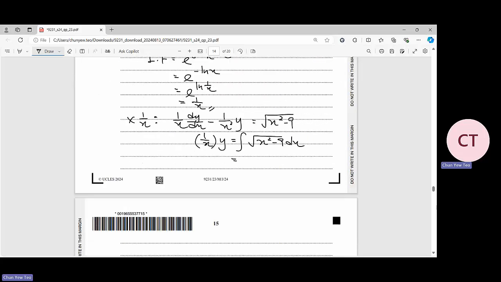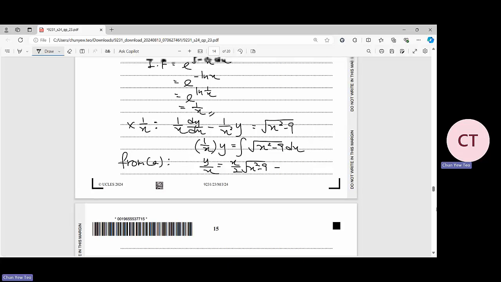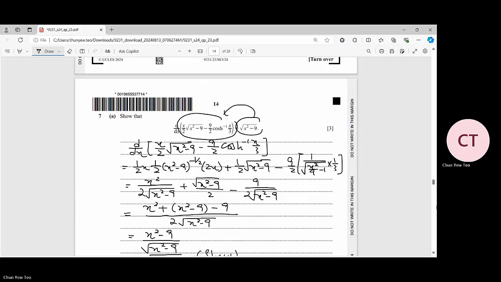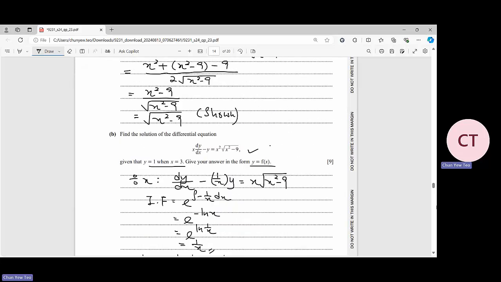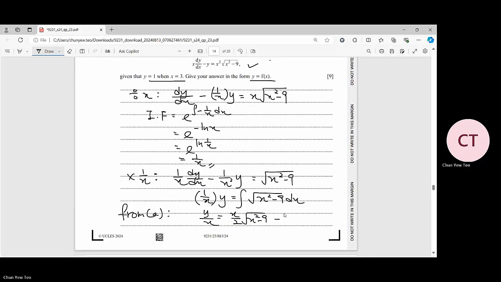Okay, so we just apply from part A. Just say that from A. So this one, it will be x over 2 square root of x squared minus 9, minus the 9 over 2 cos of x over 3. Remember to put a plus c.